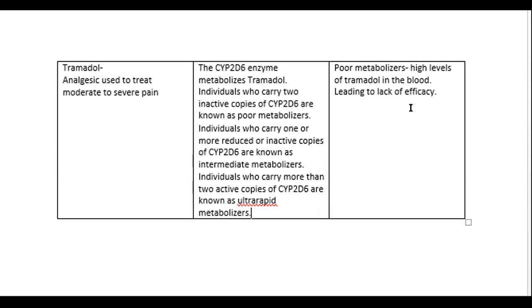So we can tell, even in these ultra rapid metabolizers, there is a fast elimination of tramadol.